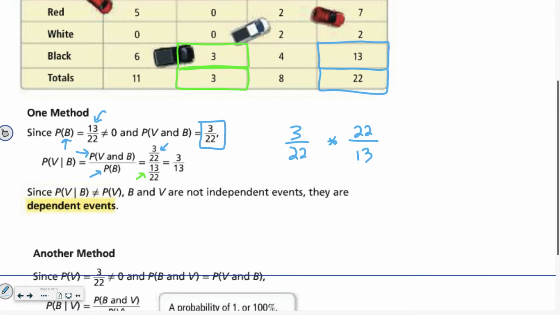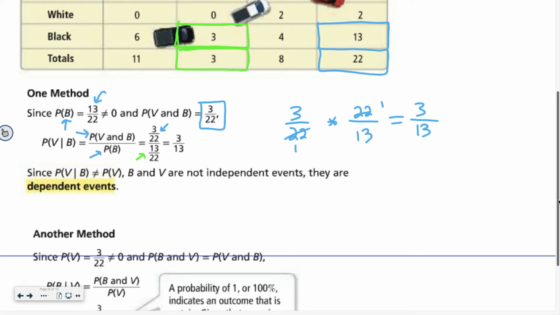And then if I multiply, those 22s would cancel. I'd be left with 3 over 13. And since 3 over 13 does not match the probability of just picking a van, which is 3 out of 22, that means that they are not independent.